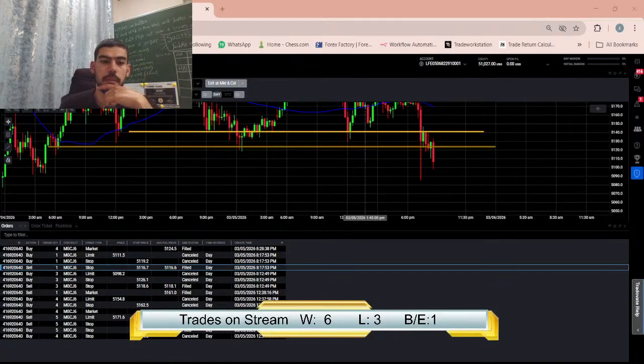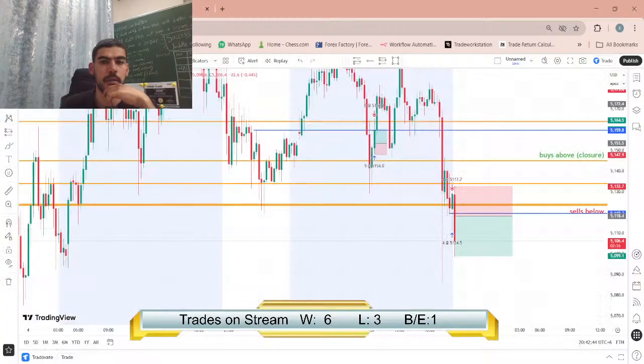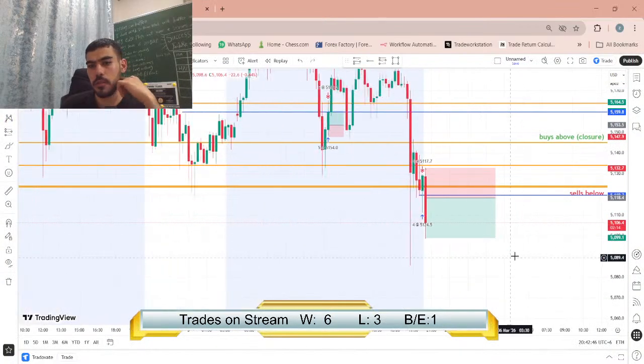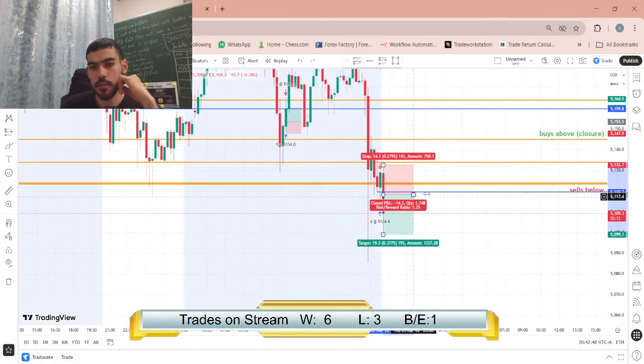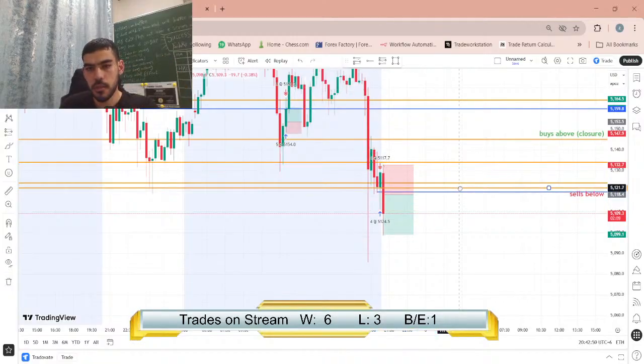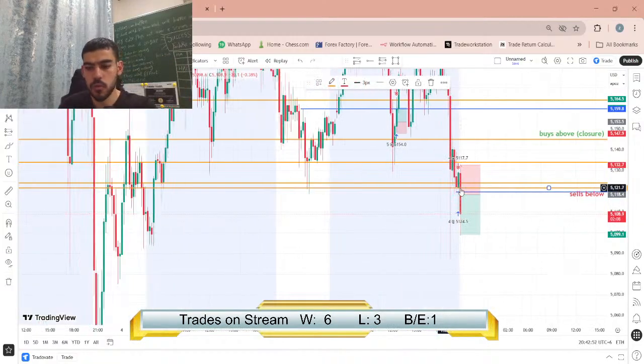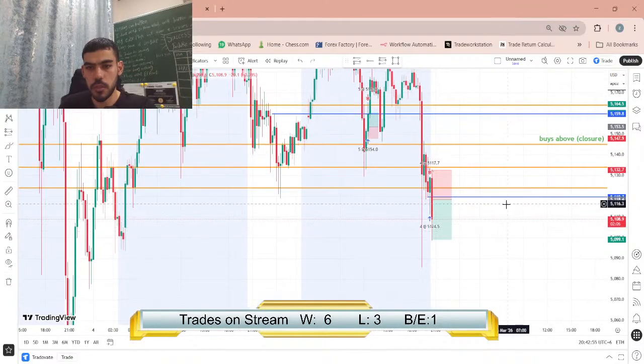So let's see, I don't think it matters now how this 15-minute candle closes. We have lost a trade and that's it.